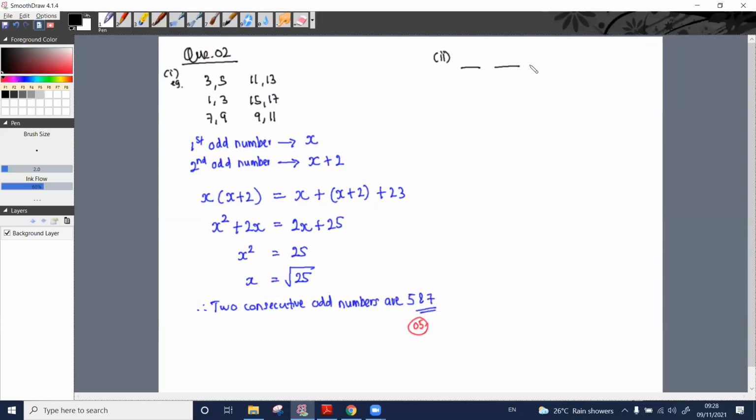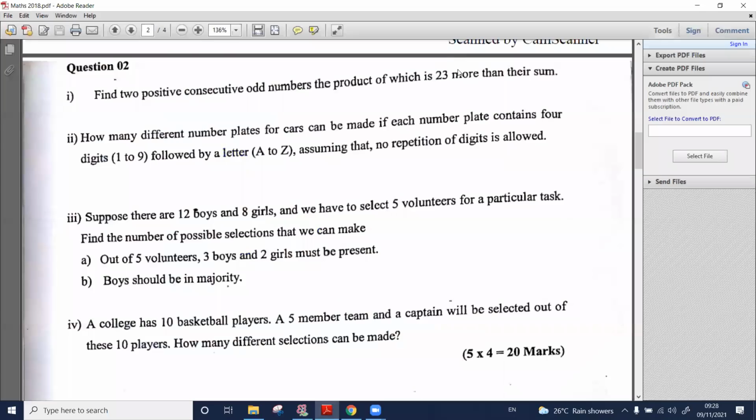4 digits and 1 letter. Repetition is not allowed.